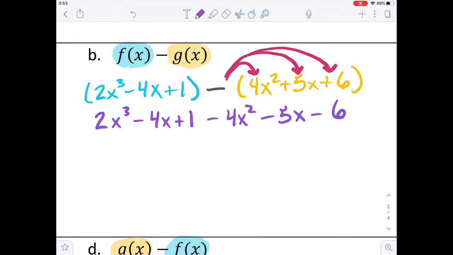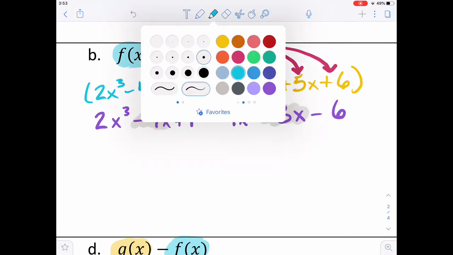Make sure you're doing correct polynomial subtraction when you do these things, and that we are subtracting each of those terms and not just ignoring that subtraction. Once we get here, we're going to combine like terms just like last time. We still got x's in common, and we've got constants to combine.